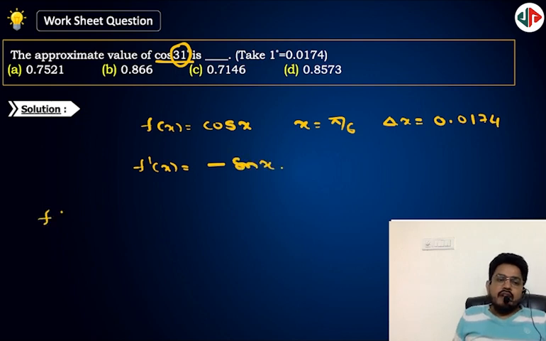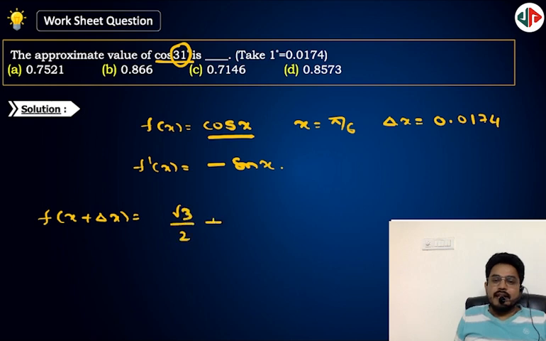So f of x plus delta x in this situation, where this is cos 31: cos pi by 6, that is root 3 by 2, plus delta x 0.0174 into sin pi by 6 with the minus sign, so minus 1 by 2.